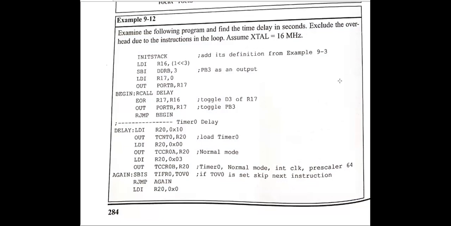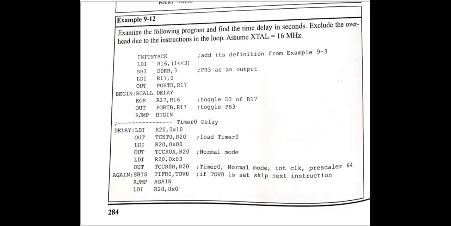So it's a similar program where we are using PB3 as an output, and in begin we have toggle PD3 or PD7, and then we have toggle PB3. So that's the timer delay. TC and T0 is load timer 0, and TCCR0A is normal mode timer.